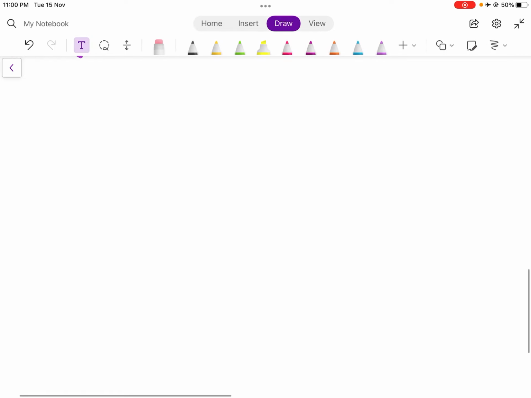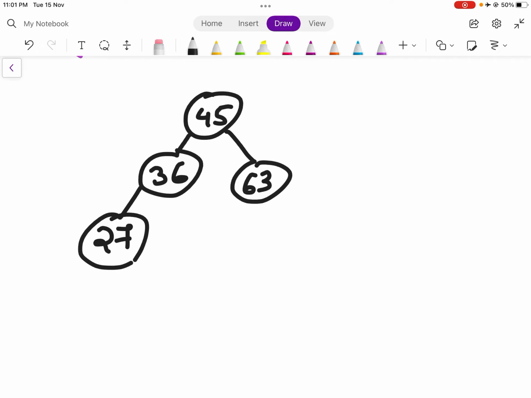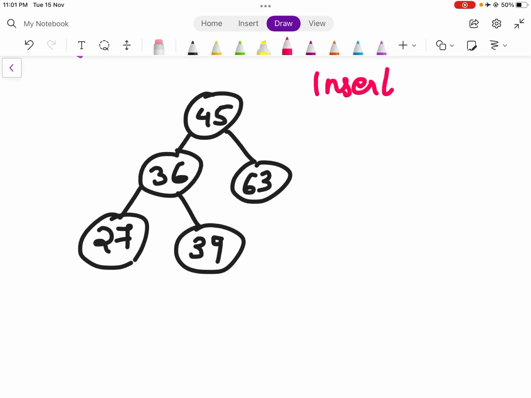The AVL tree which is given has 45, 36, 63, 27 and 39. You have to insert element 18. So how will you insert?